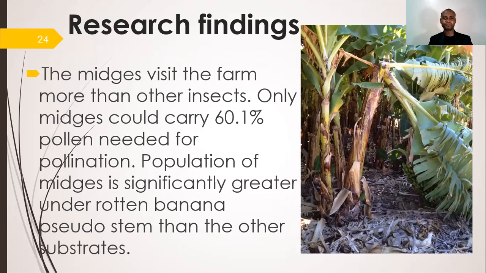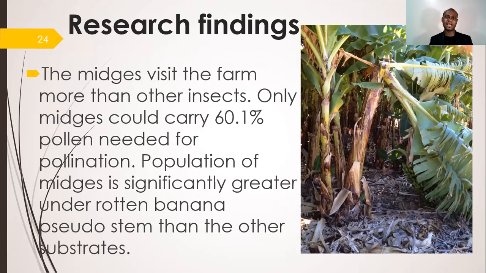Okay? Now let's look at some more research findings. Midges visit the farm more than any other insect. Okay? And only midges could carry 60% of the pollen needed for pollination.